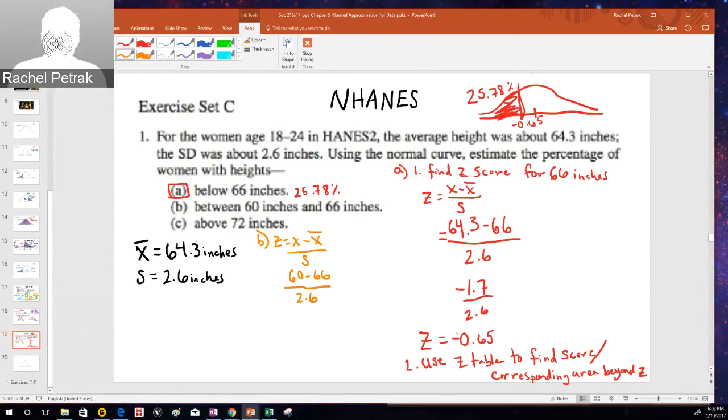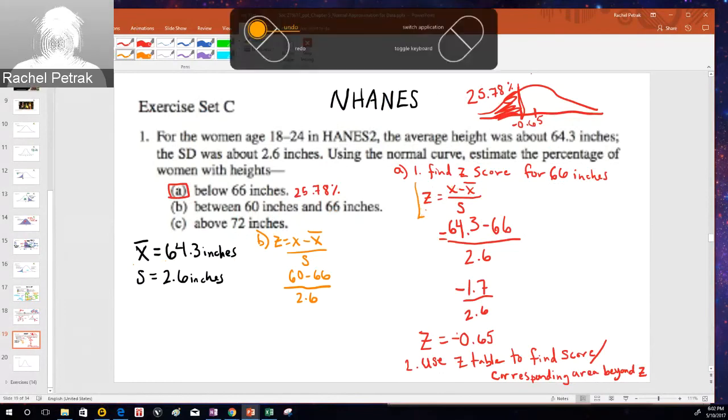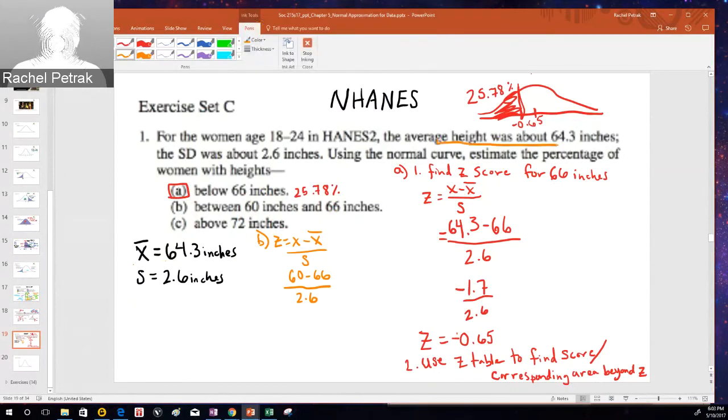I did exactly the error I was talking about earlier, even talked about it, and then still did it. The formula is the formula. It's x minus x bar, and the average height was 64.3.